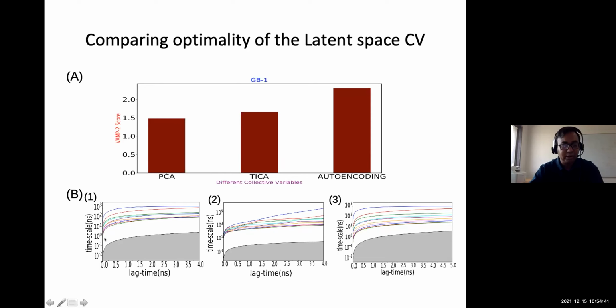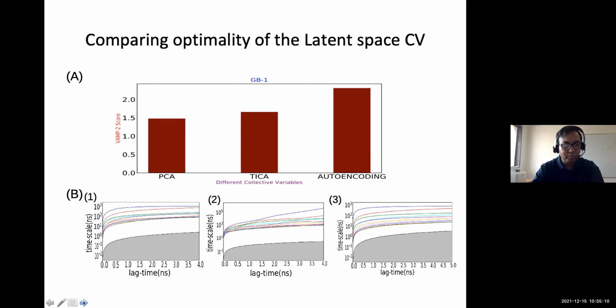Most importantly, you can also develop a Markov model along those dimensions and look at the timescales. Compared to tICA or PCA, especially in tICA, we don't even see it flatten so quickly. In the autoencoder case, we do see that the timescales flatten, but the model reaches Markovianity very quickly. So that tells you that this is really capturing a slow coordinate, which is what we are looking for. All right.